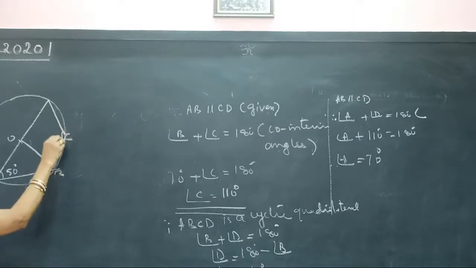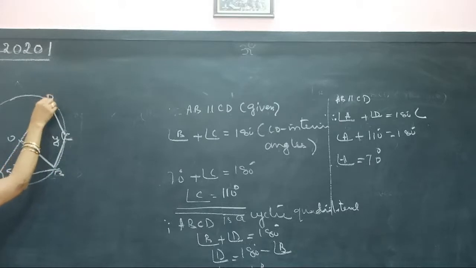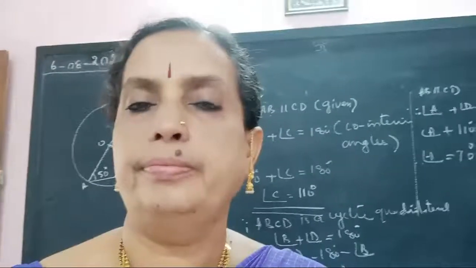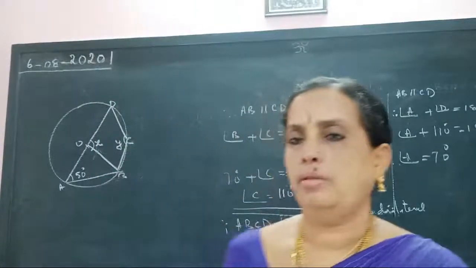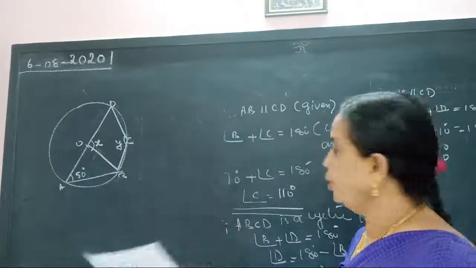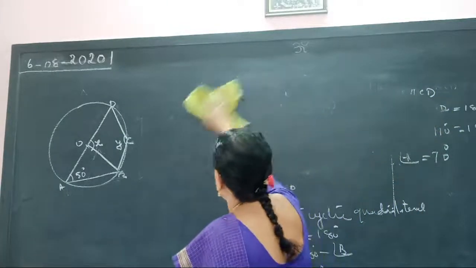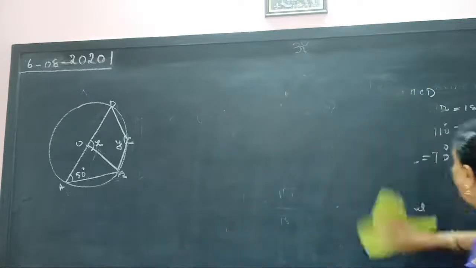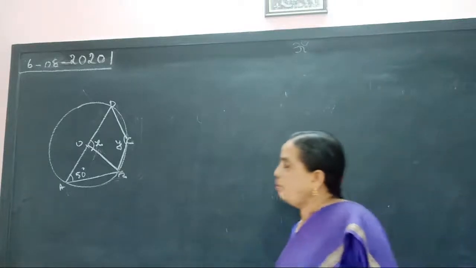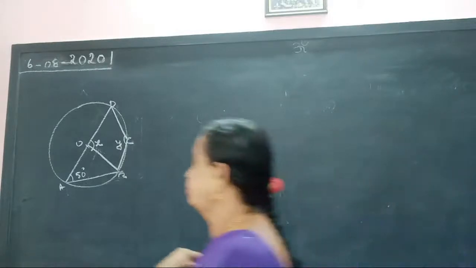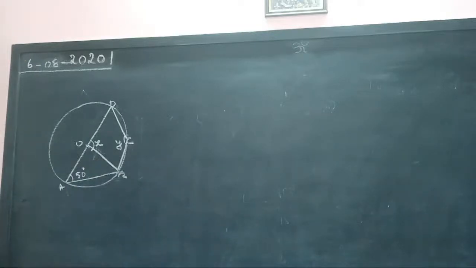This is Y, D, X. Get the figure properly. It is now visible. Also, you have the worksheet with you, so you can easily see the question. We have to find out the values of X and Y.